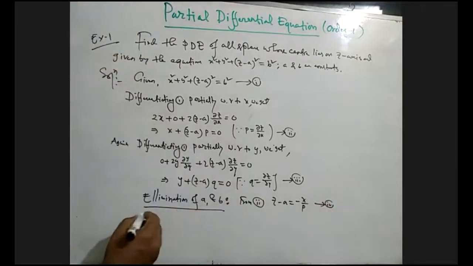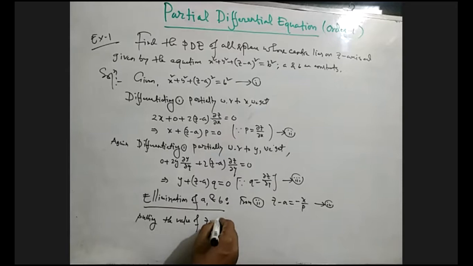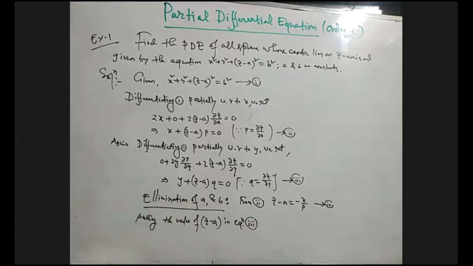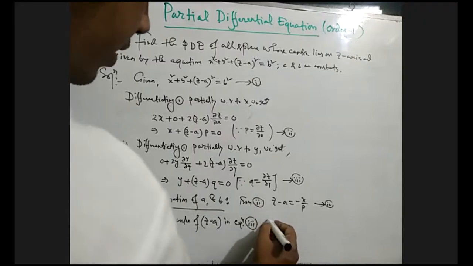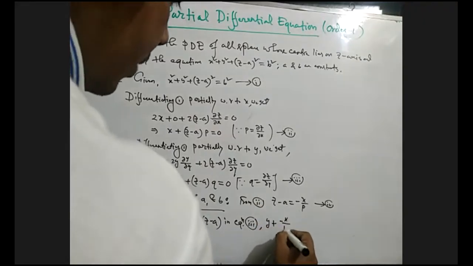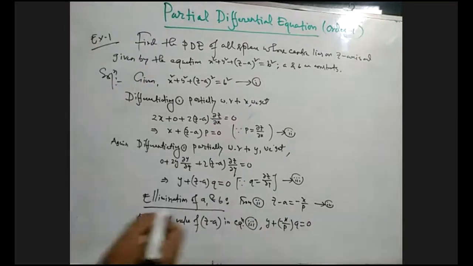Putting the value of z minus a in equation 3, we get y plus (minus x divided by p) into q equals 0.